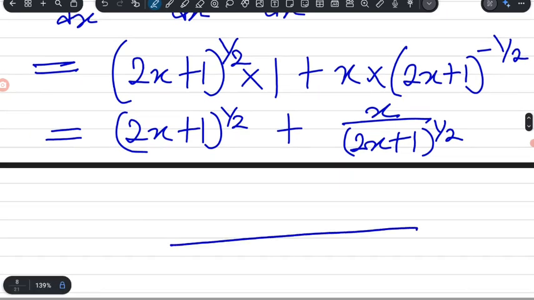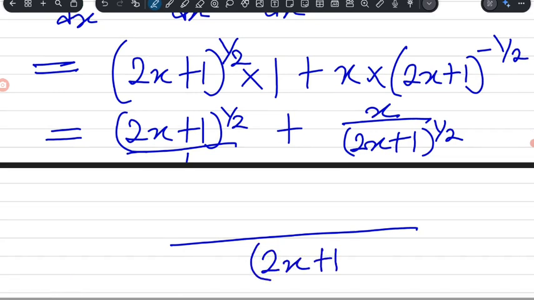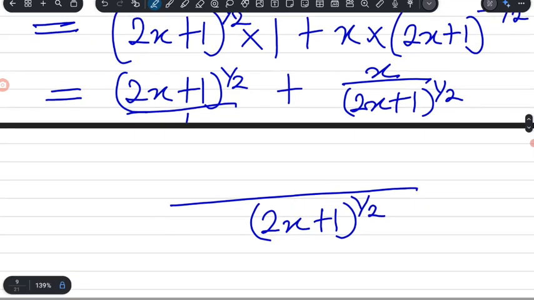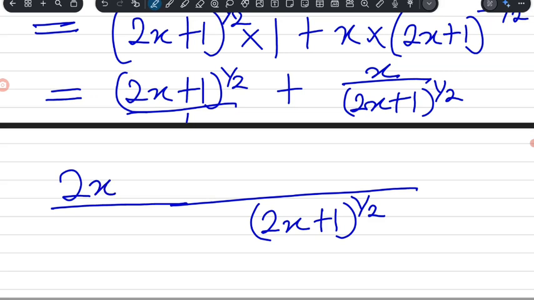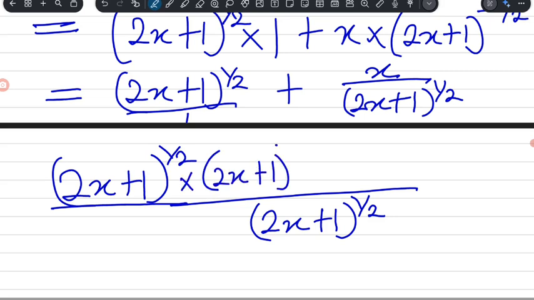What we need to do is let's have an LCM of (2x plus 1) raised to power half. Now, 1 in (2x plus 1) raised to power half, we give all the same answer. So we need to multiply it together to have (2x plus 1) all raised to power half to multiply (2x plus 1) raised to power half, now plus x.